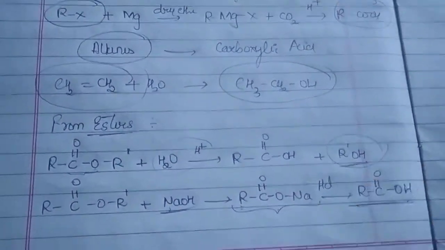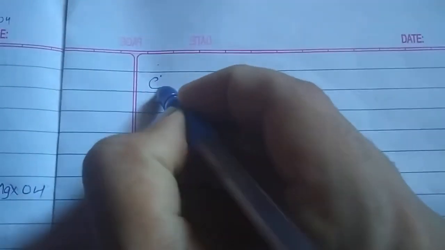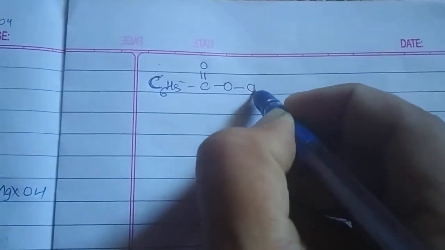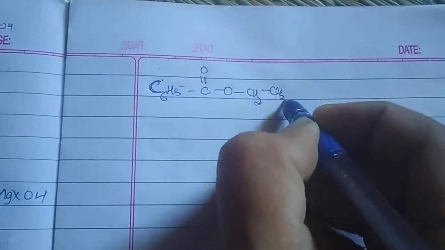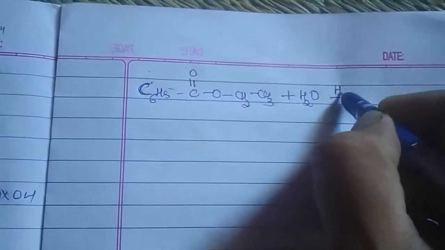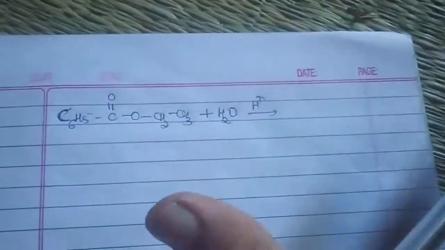If I give you a question, for example, let me take ethyl benzoate, C6H5C(=O)OCH2CH3, plus H2O in the presence of H+. What is the product you are going to get?